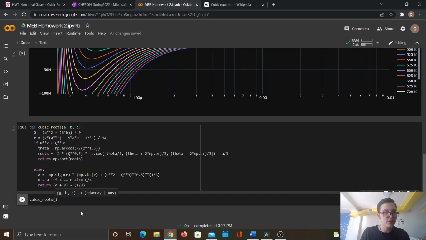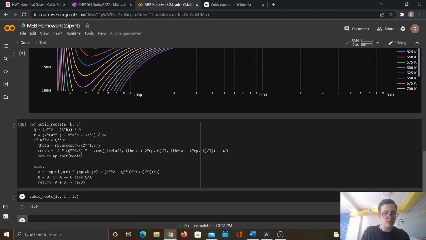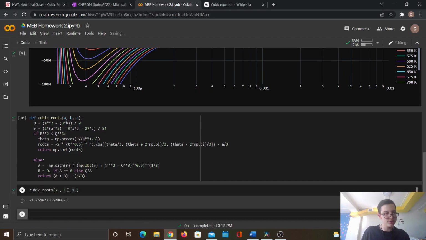What should we output? R needs to be bigger, so let's do 1, 1, and 1. -1. Okay, so that is obviously not the right type of root, so try 2, 1, and 1. Still no. 3.